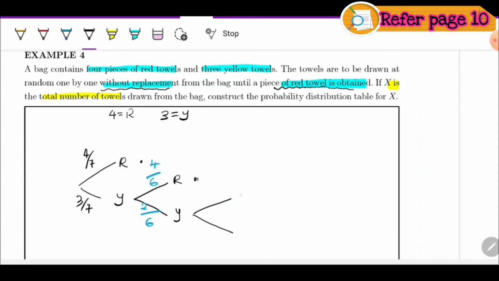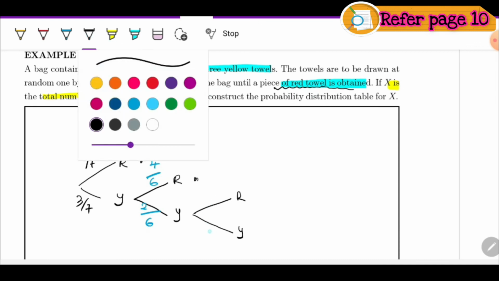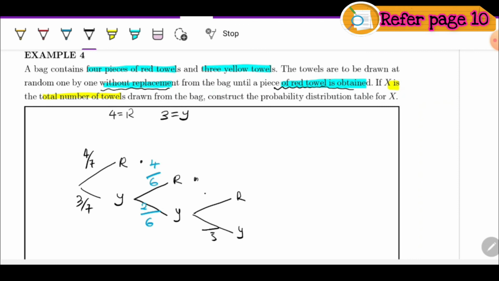For the third draw, we could get either red or yellow. The total space becomes 5. The probability of getting a yellow towel for the third draw is 1/5 and red is 4/5.